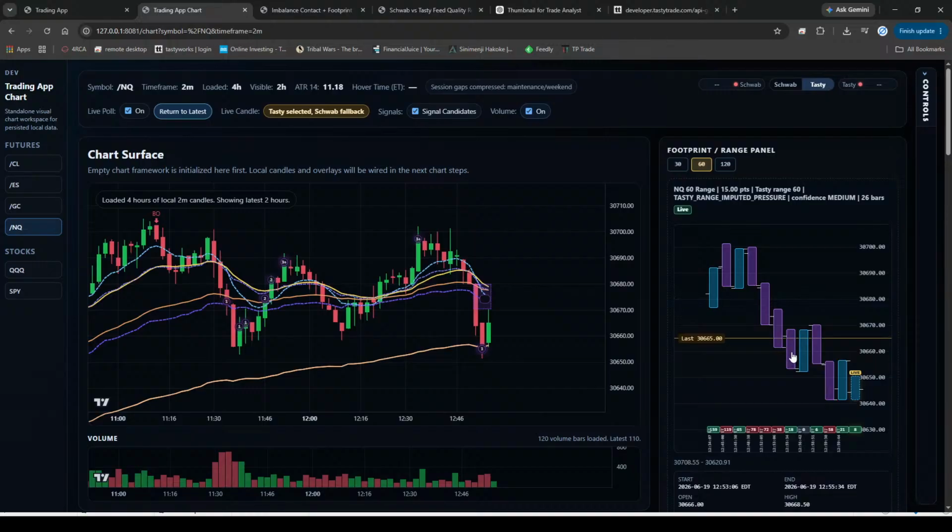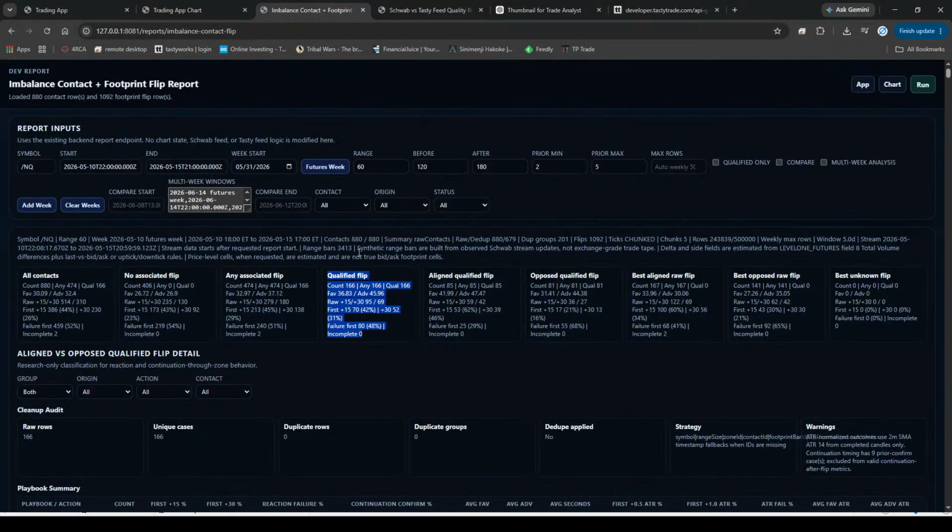And then with the flip, I should get a reversal. That's what we're looking for. And if we look on that, you get 48%. So it's a slight improvement.